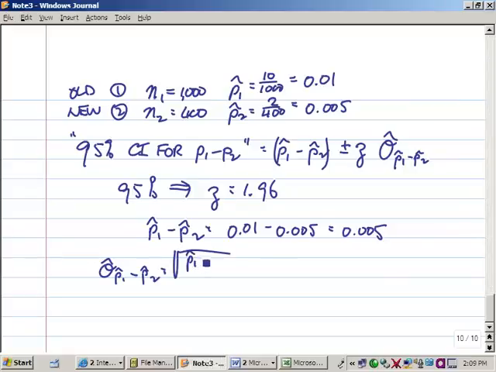Standard deviation, sigma hat, so p hat 1 minus p hat 2. Alright, formula: p1 hat times complement 1 minus p1 hat on n1, plus p2 hat times 1 minus p2 hat on n2.